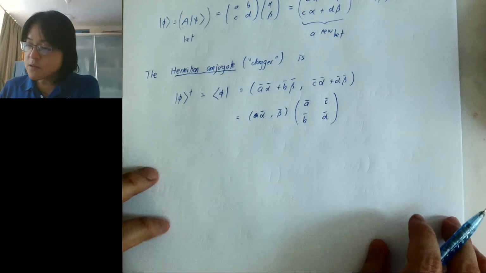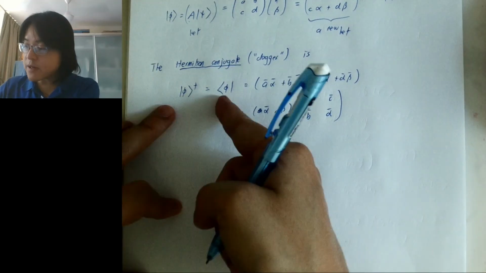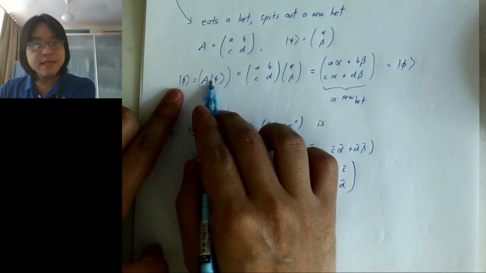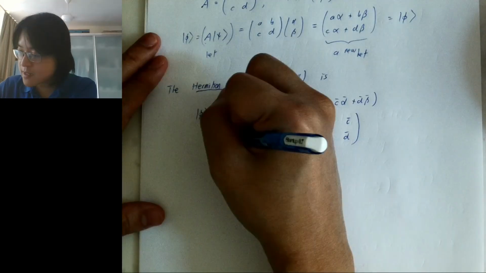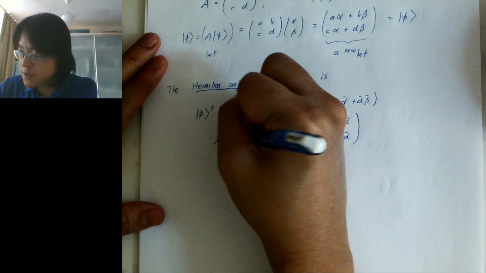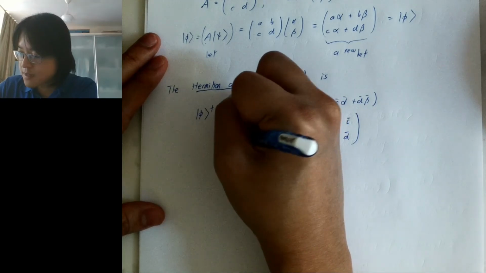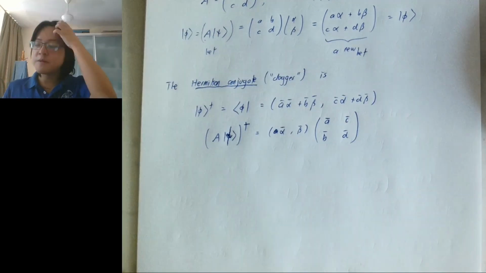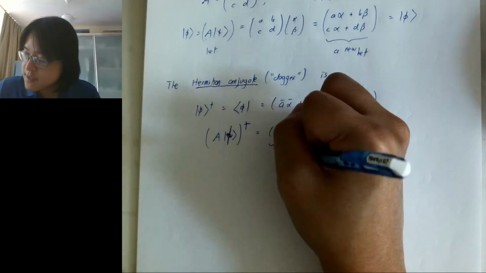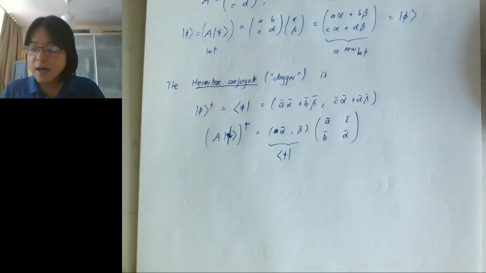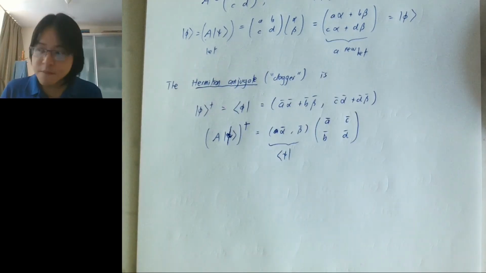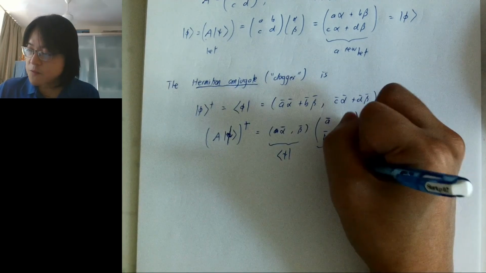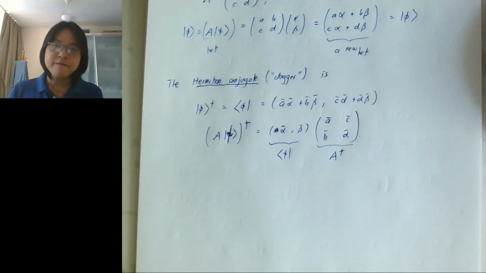And at the same time, I was saying that this ket phi is equal to A times this. So this is actually the Hermitian conjugate of this operation, right? And then we recognize that this is the bra of the original vector, and this is another operator, so we will call this the dagger of A, right?